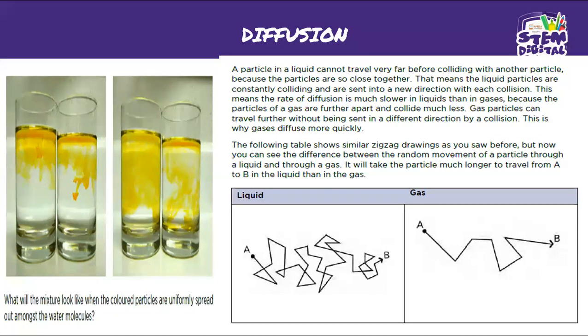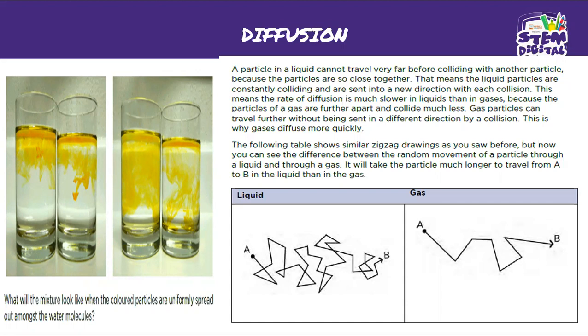So here we call it Brownian motion. Even if you have a problem with that, when you get to grade 9 or grade 10, you may hear that in life science.